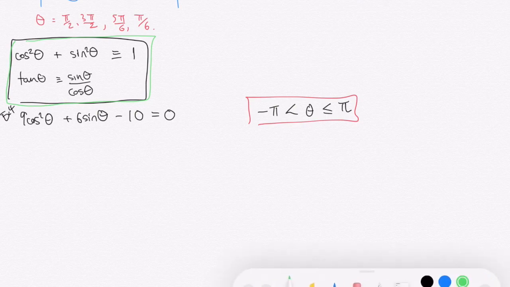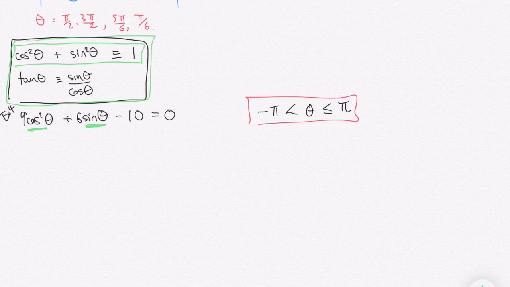Well, it is a little bit annoying because this has a cosine in it, but also has a sine. We want to try and end up with just cosines or just sines. Well, we know we can do that by using this identity here. And in particular, we know that cosine squared theta is identical to 1 minus sine squared theta.